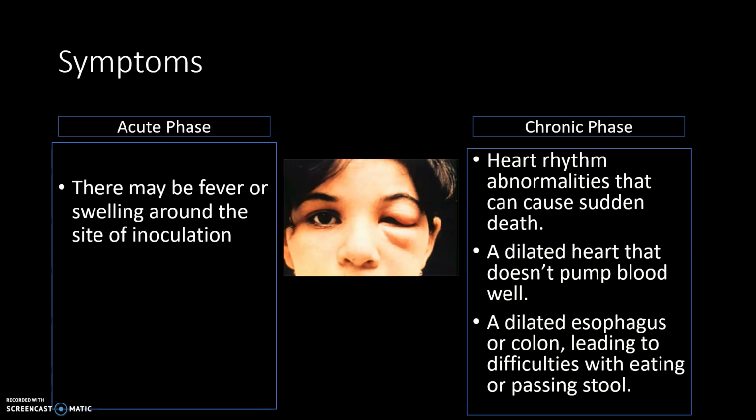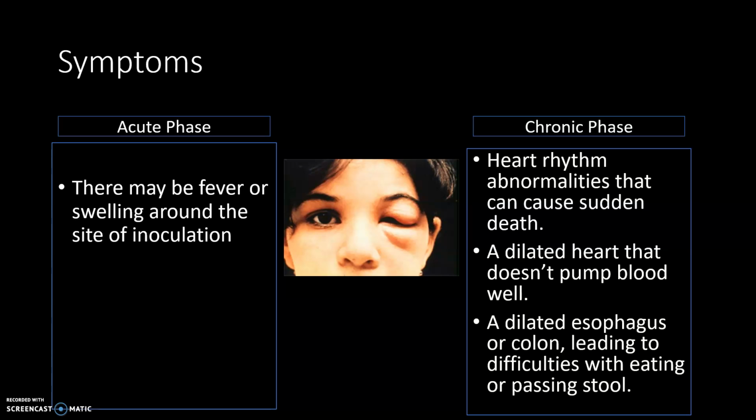So the symptoms for the acute phase may include a fever or swelling at the site of inoculation. And in the chronic phase, I forgot to clarify that after a while, the disease does go away, but 20 to 30% of people who are infected do show signs of the chronic phase.